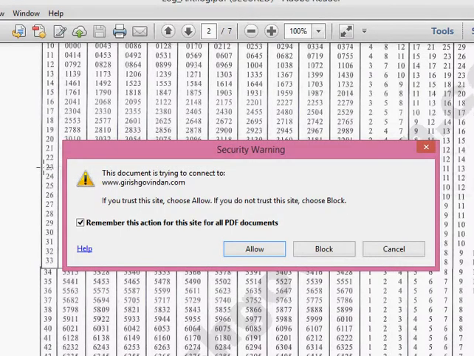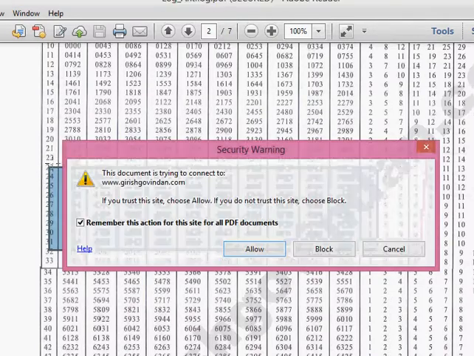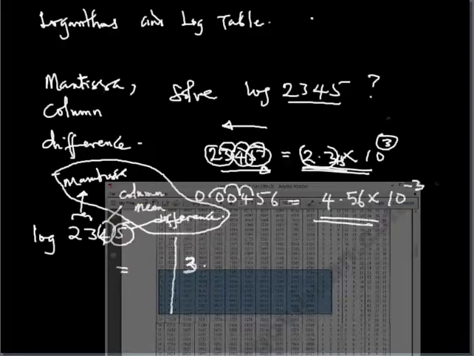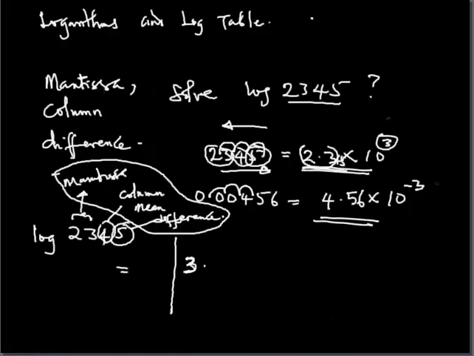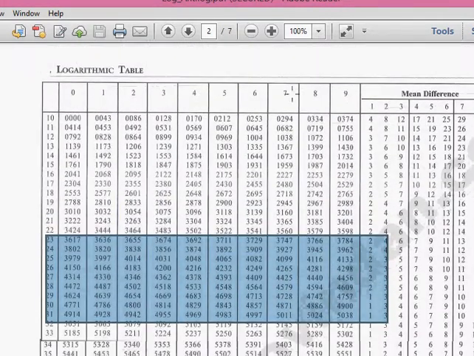Can you see where 23, colon 4, mean difference 5 is? 23 colon 4, this is it: 3692, difference 5.